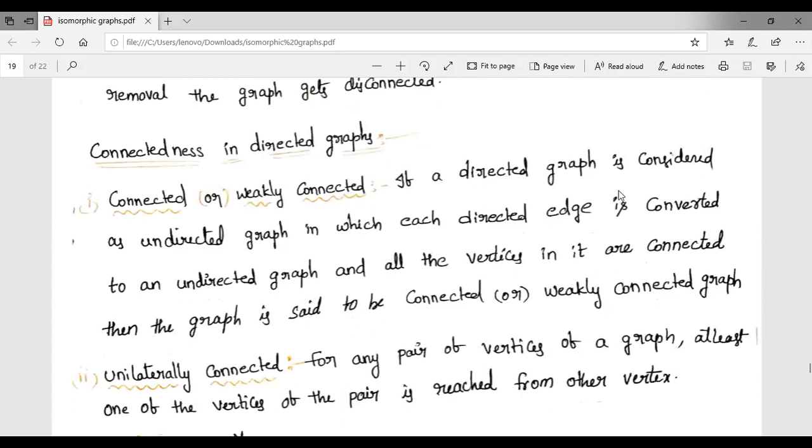If a directed graph is considered as an undirected graph in which each directed edge is converted to an undirected edge and all the vertices in it are connected, then the graph is said to be connected or weakly connected graph.